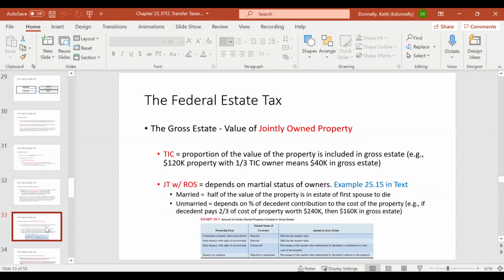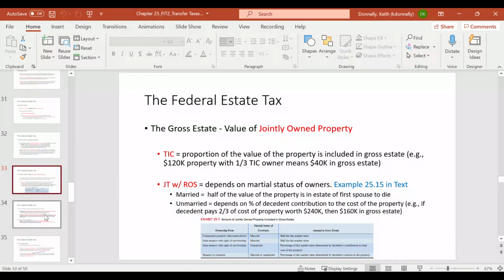When A passes away, the property automatically transfers to B and C. We said that's an automatic transfer. In this case, because A is a 1/3 owner, 1/3 of that total value of 120 grand, namely the 40 grand, is going to be part of the gross estate. So it's not part of the probate estate, but it's part of the gross estate. Joint tenant with rights of survivorship, you can look at that. Not as concerned about that one.